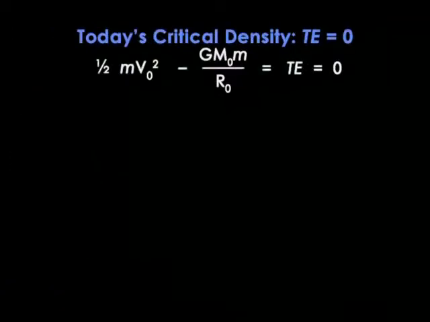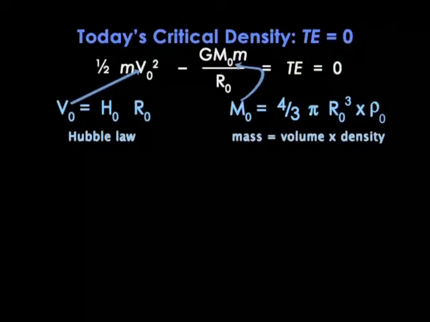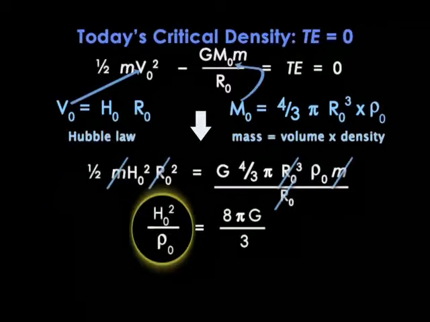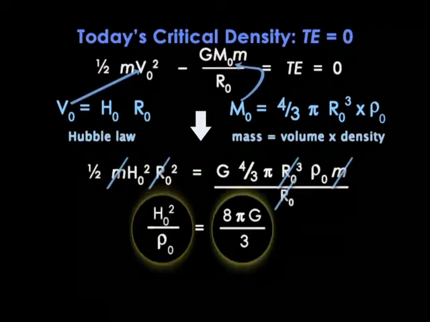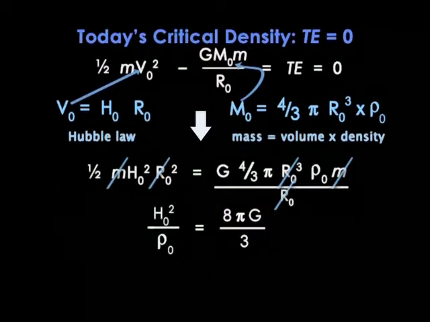So back to our equation for zero total energy. Let's insert our expressions for v0 and M0, and nicely the little m's and the big r0s all cancel, and we're left with a rather simple expression. If the ratio of the Hubble constant squared to the sphere's density is equal to this number, 8 pi G/3, then the expansion is on the knife edge between eventual recollapse and infinite expansion.